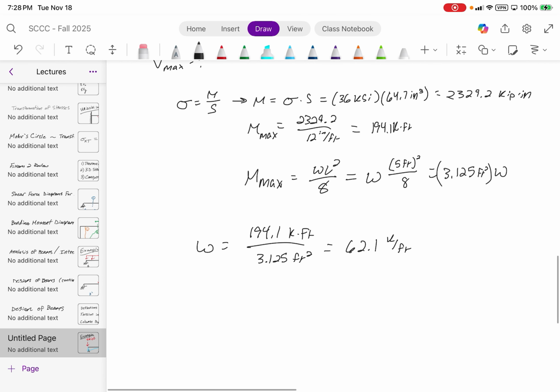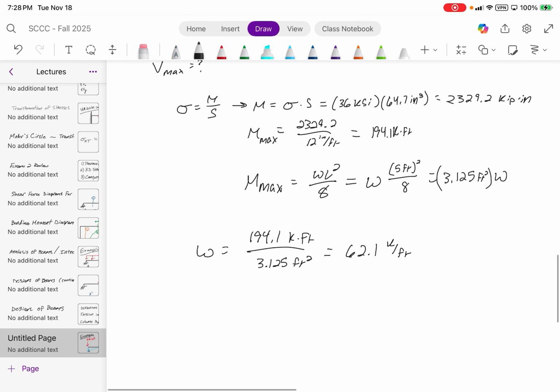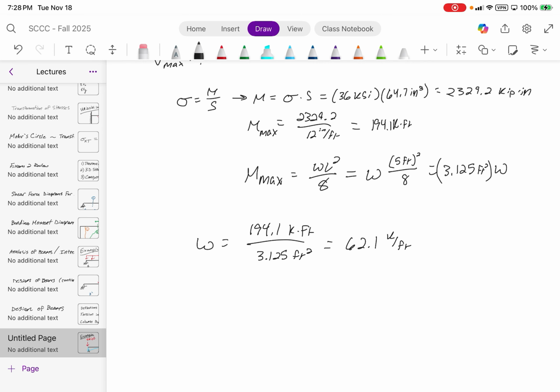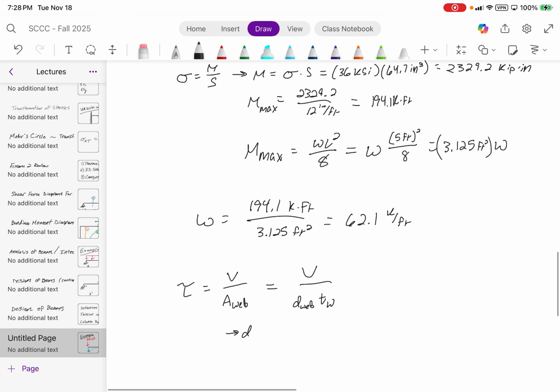All right. That means my suspicion is it's probably going to fail in shear more than likely. So now let's check shear. Tau is equal to V over A web, right? Area of the web is just equal to the depth of the web times the thickness of the web, which we know that the depth of the web is equal to what?